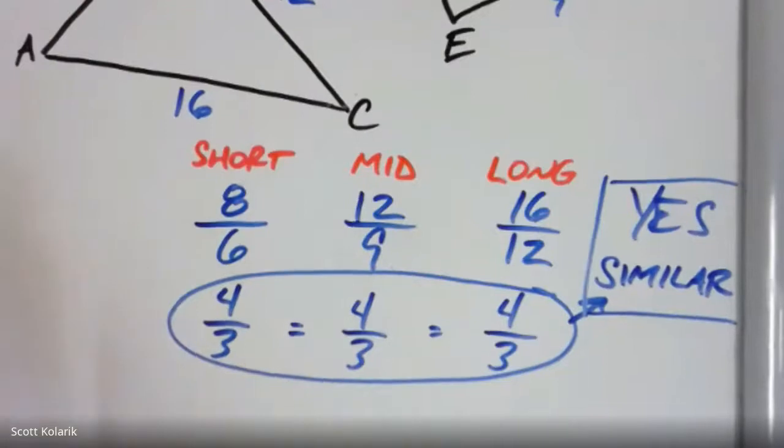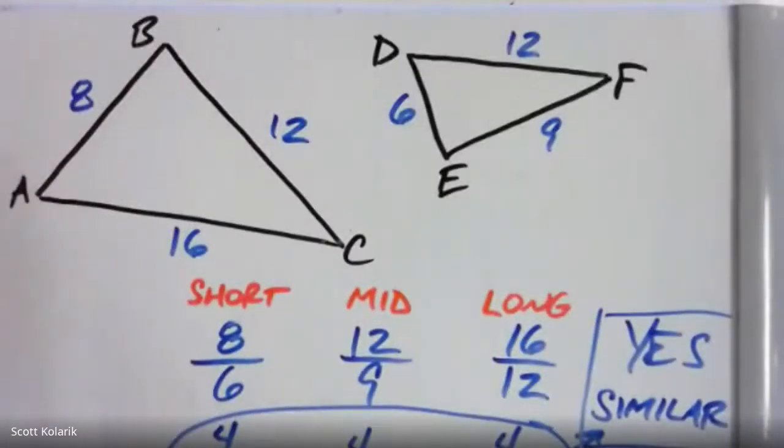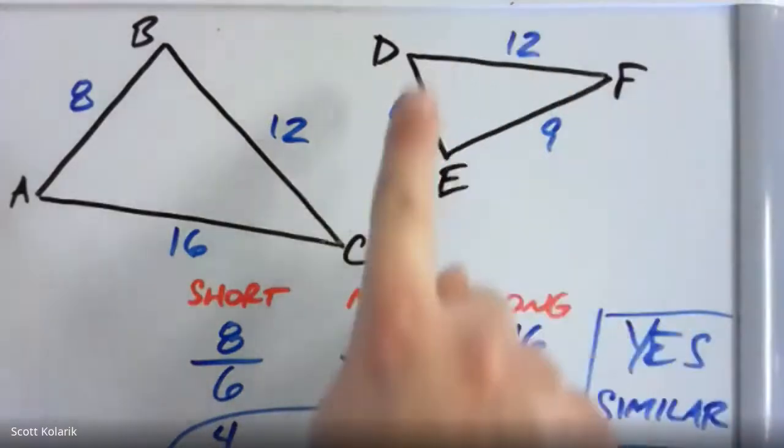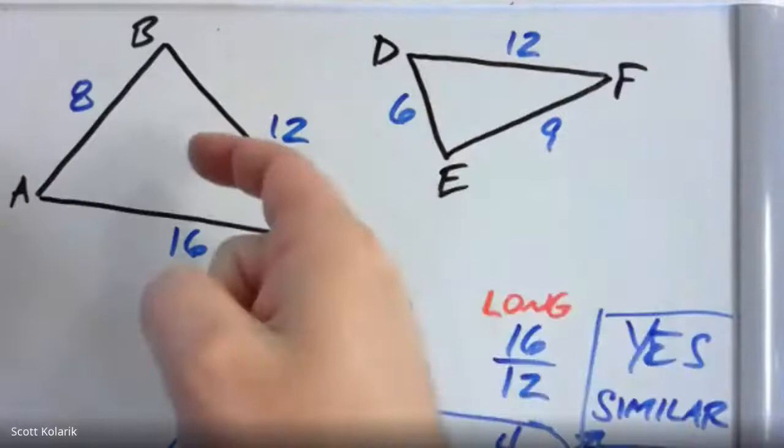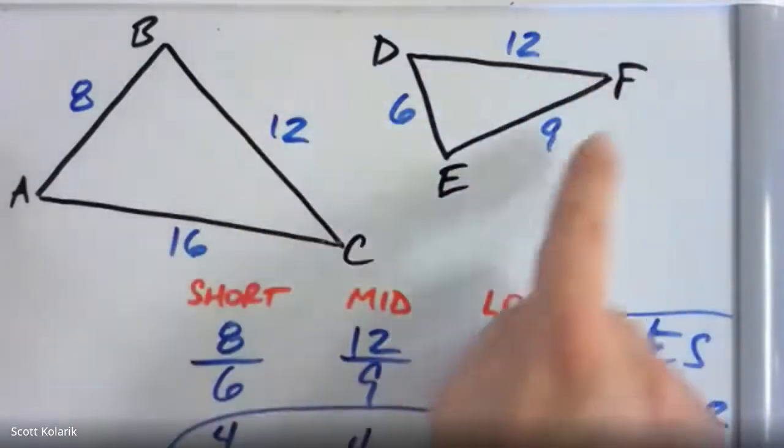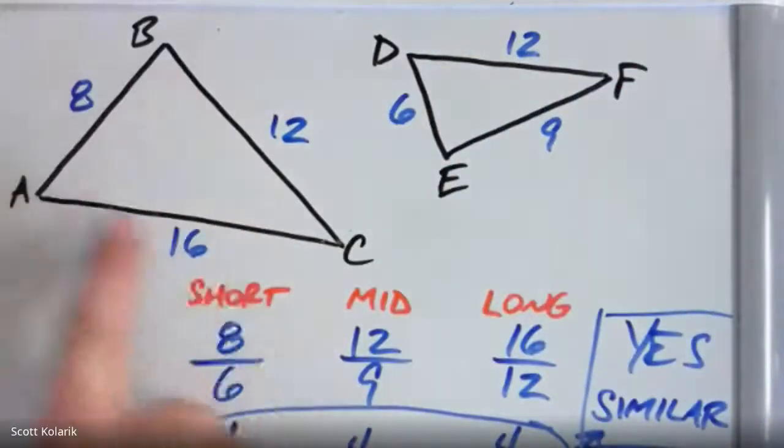Okay, and just to confirm, what does that 4/3 actually mean? In some of these problems that you'll see in this section, it will ask you what is k, what is the scale factor, if they happen to be similar to each other. It's just reducing that fraction to that 4/3 we did a second ago. 4/3 is bigger than 1. If 3/3 is 1, 4/3 is bigger than 1. That would imply that we're talking about going from triangle DEF in this direction and expanding it, enlarging it, magnifying it so that it's the same size as ABC.